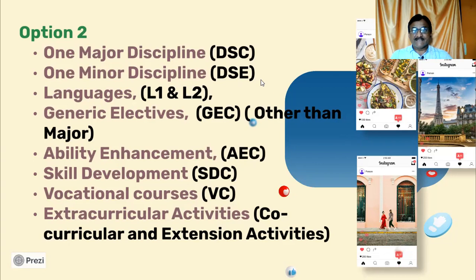Suppose I take sociology as the one major subject, I can select another subject as the minor subject. Even I can go for economics as the minor subject. So each university will surely make a pool or basket of disciplines among all the given subjects, and they can choose.